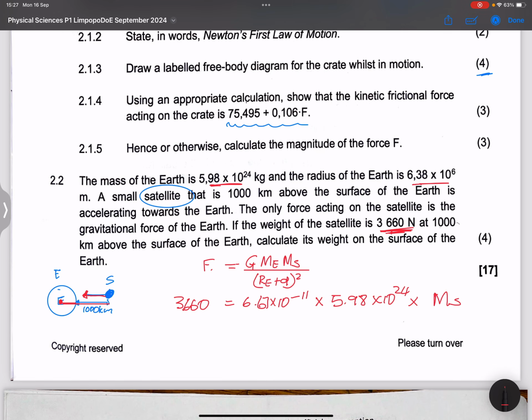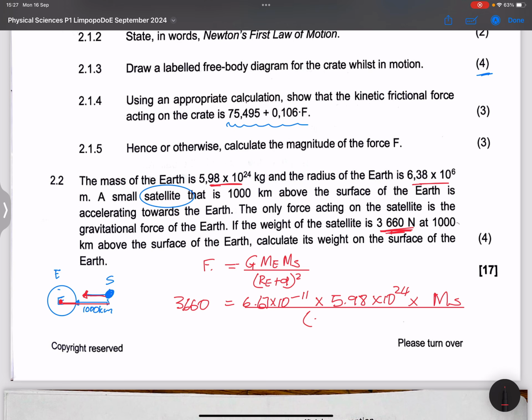Now remember, they had not given that to us. So this is divided by the distance from the center of the Earth, 6.38 times 10 to the power 6, plus the 1,000 kilometers. We're looking for the mass of the satellite so that we can determine its weight on the surface of the Earth.